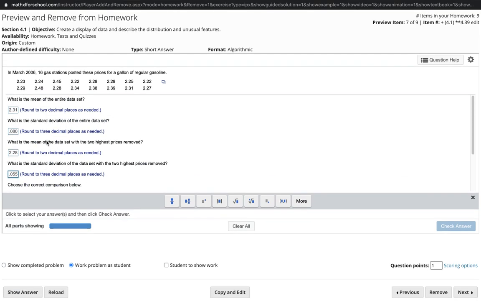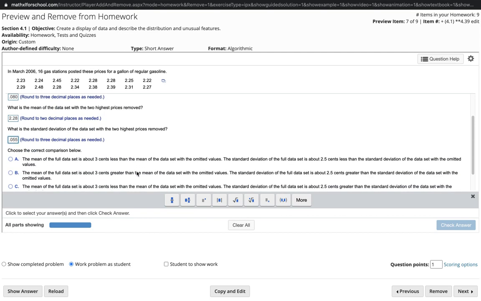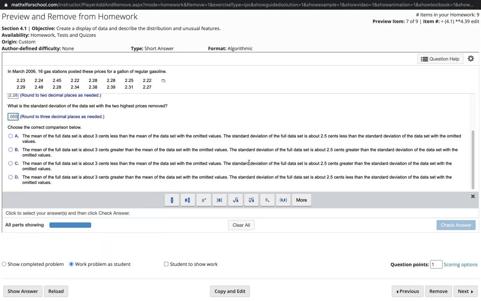Okay. So now let's look at the standard deviation. If I look at the standard deviation of the entire data set, notice it's between 2 and 3 cents higher. So the standard deviation of the entire data set is higher than it is once I take out the 2 high prices. So which one is that going to be?